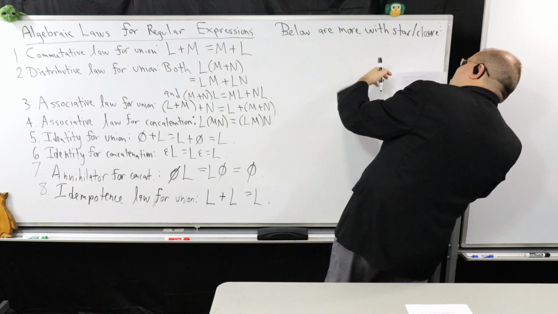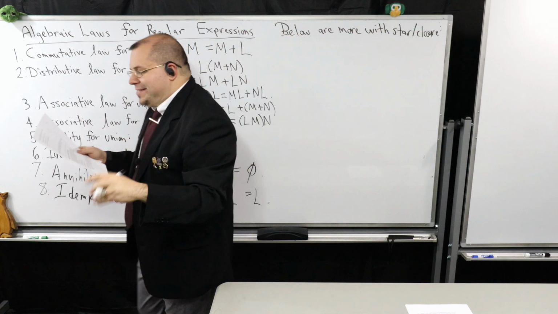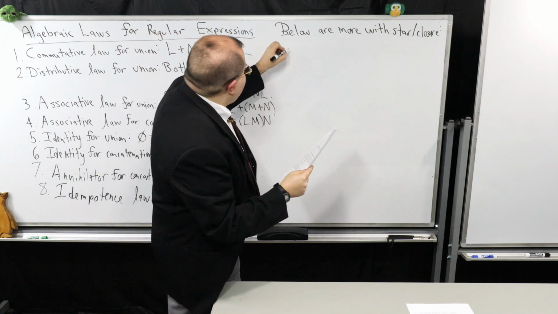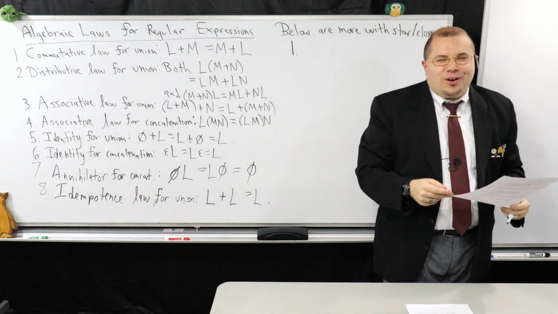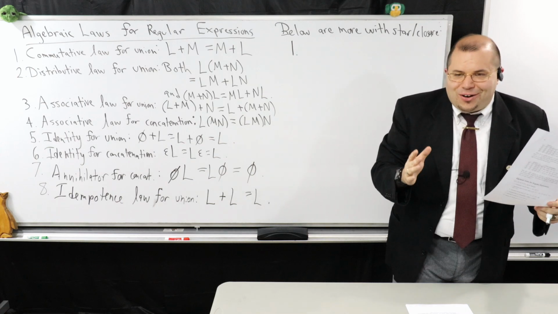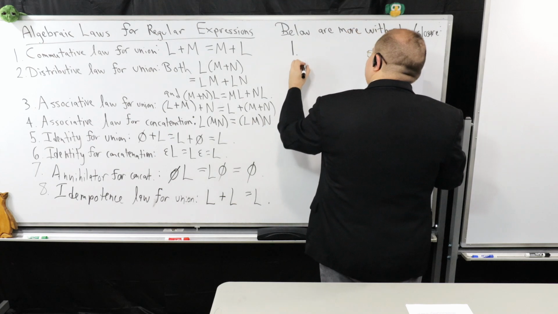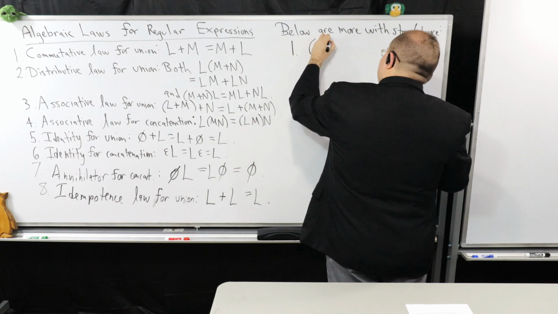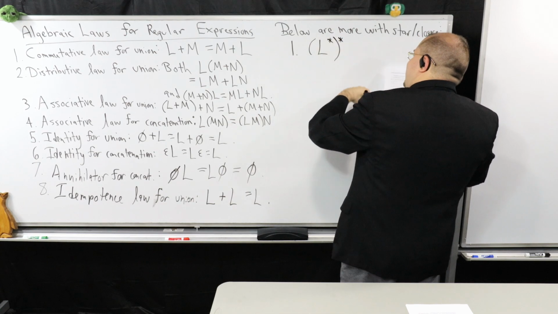The U kind of got crushed in between the S and the R. That's pretty epic. The first one I want to point out is, you might ask yourself, Dan, what happens when I have a star operator and then I apply a star on top of that star?